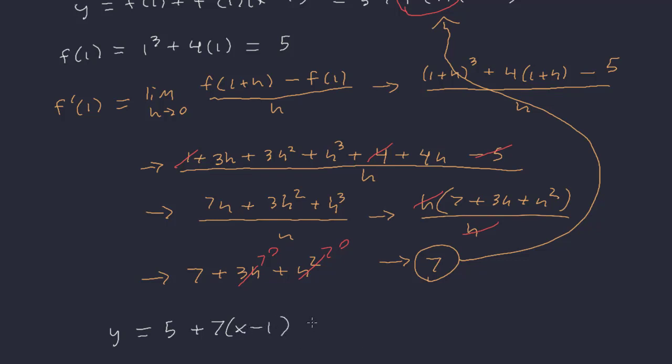And we could simplify this as 5 plus 7x minus 7, which will be 7x minus 2. So there is the equation of our tangent line.